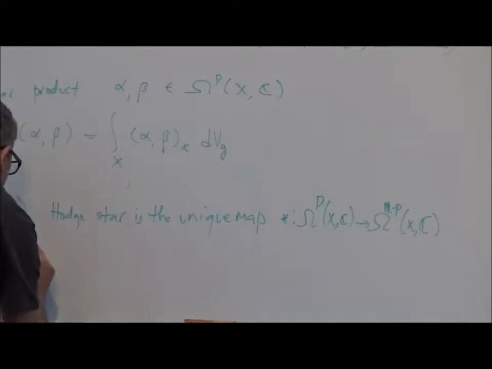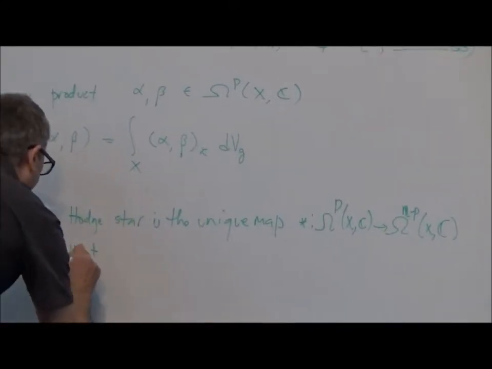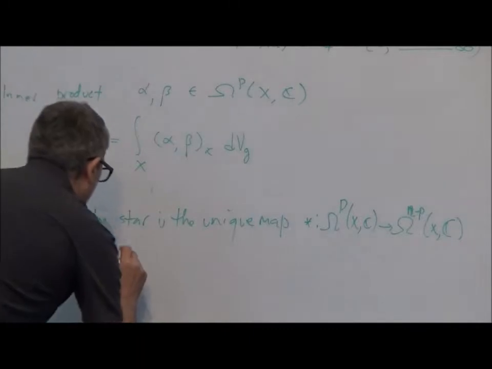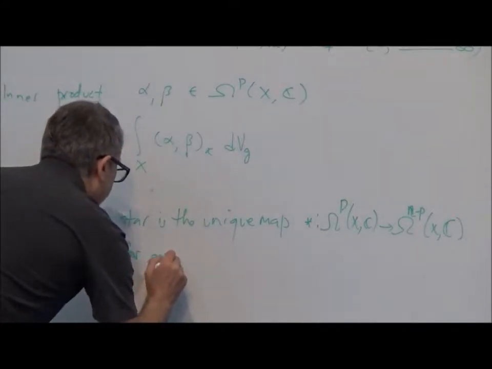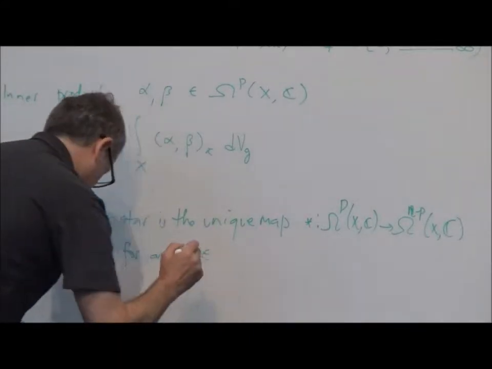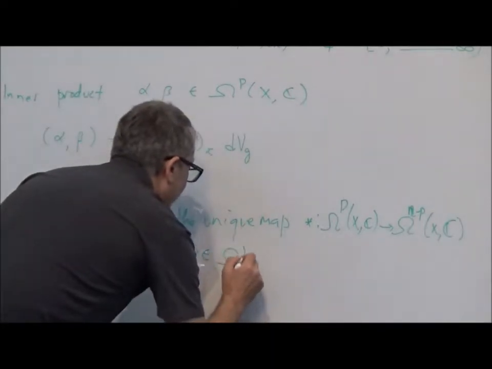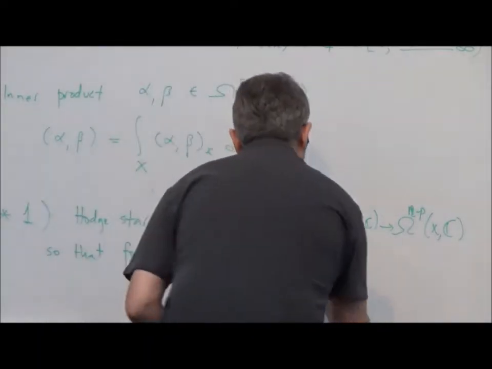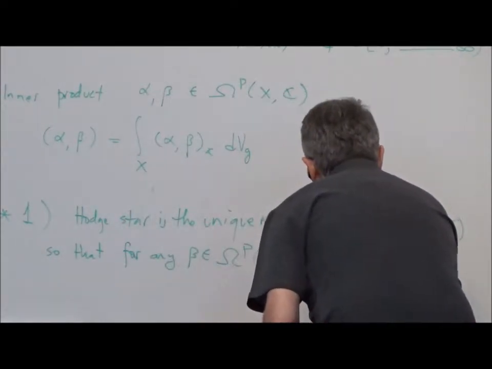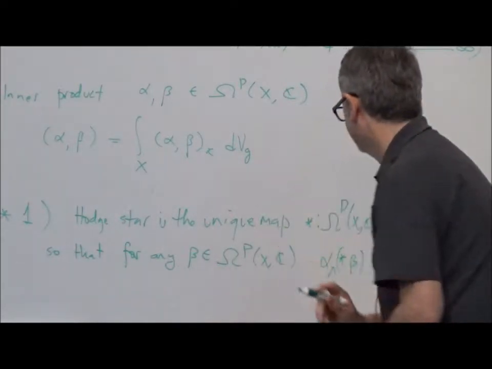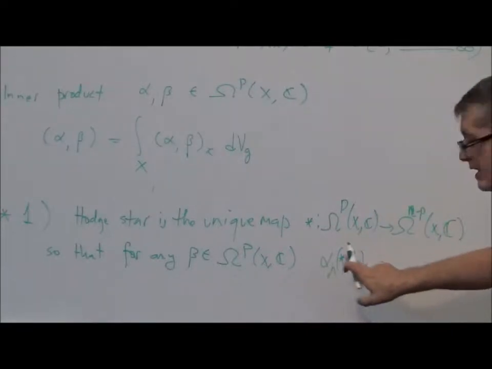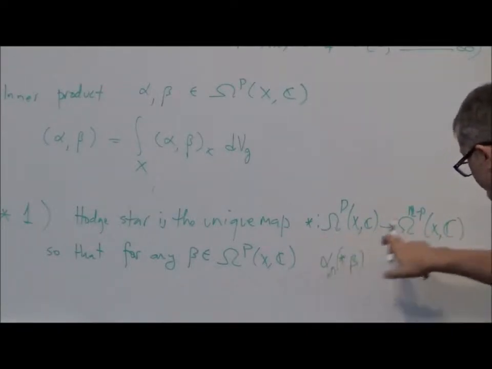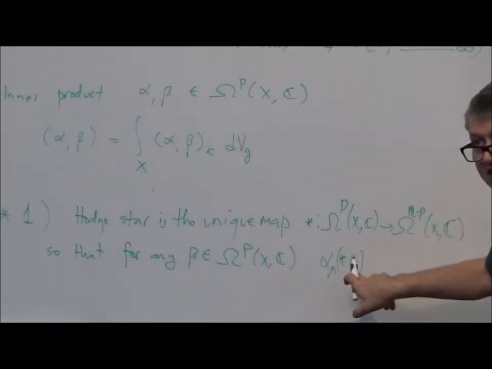So that for any beta, which is an element of omega p x c, alpha wedge star beta, right? I can wedge any form. Beta is a form here, star beta is a form there. I can wedge it.